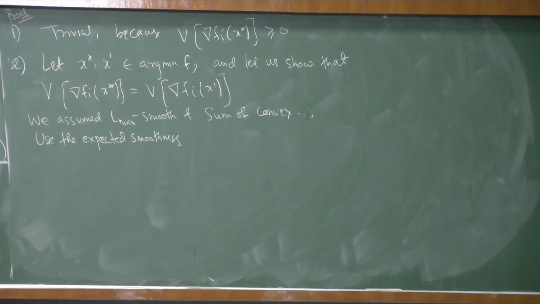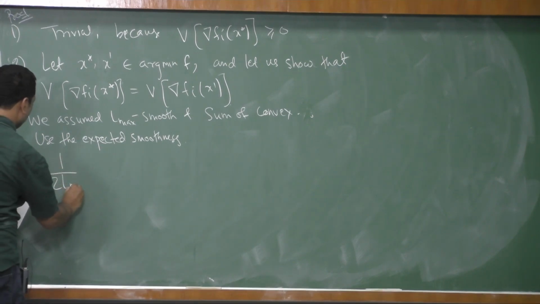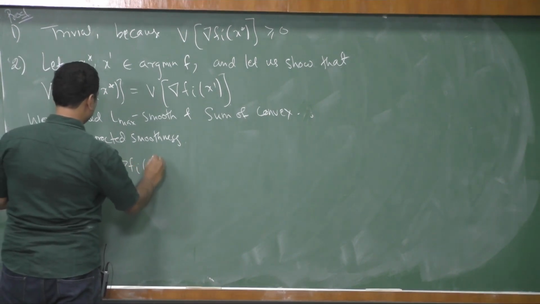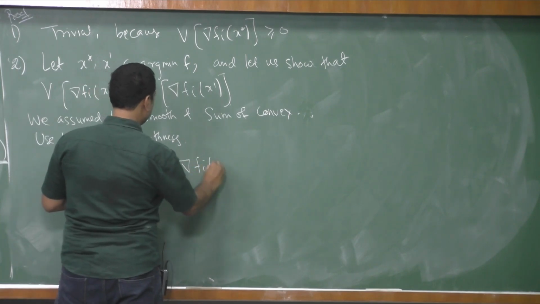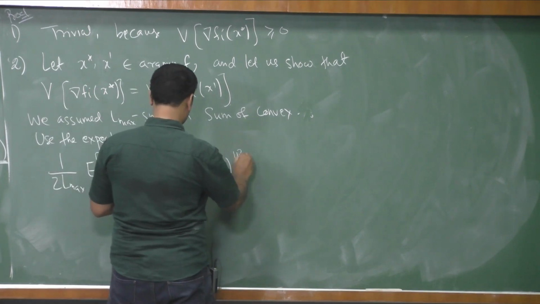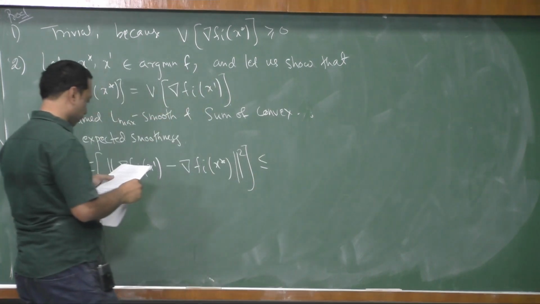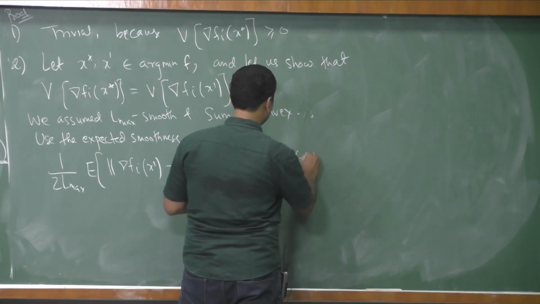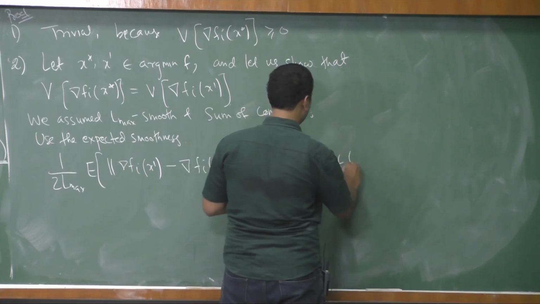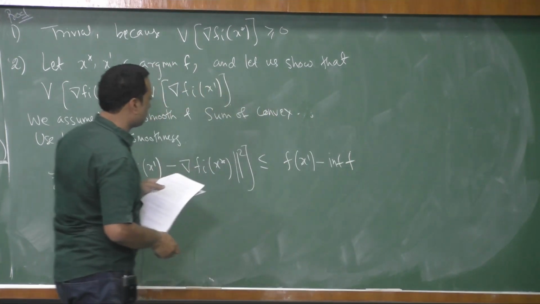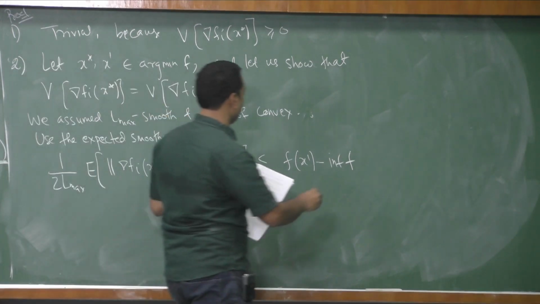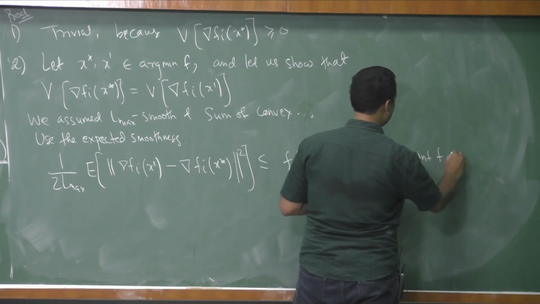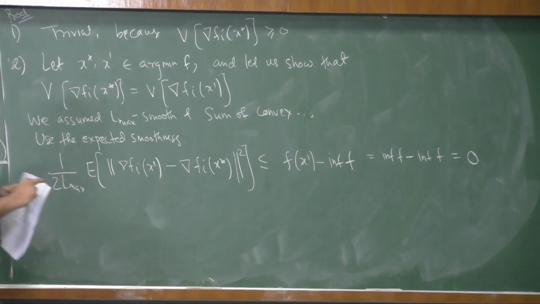So for that, we immediately get 1 by 2 L max, expectation of the norm of gradient of Fi x prime minus gradient of Fi x star, squared, is less than or equal to F x prime minus infimum of F. Now x prime was also a minimizer of F, so they cancel and this becomes 0.